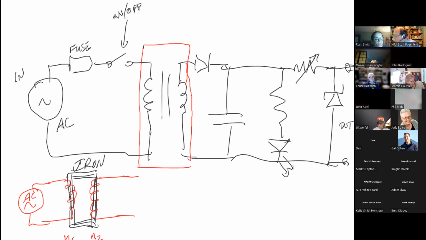So let's say that we have, in this particular case, 100 turns of wire on this coil and 10 turns of wire on this core. And this is 120 volts AC. We will get 12 volts AC on the other side.